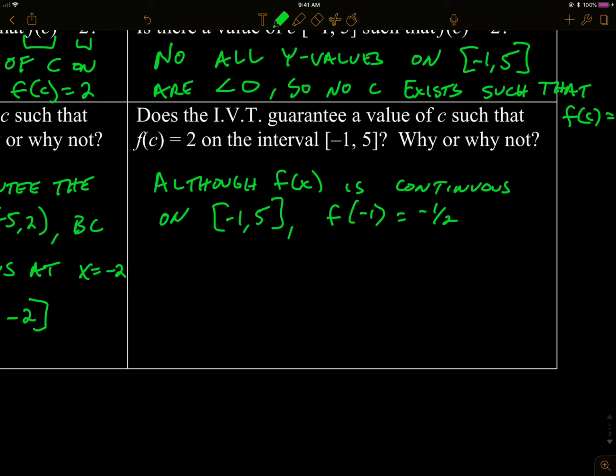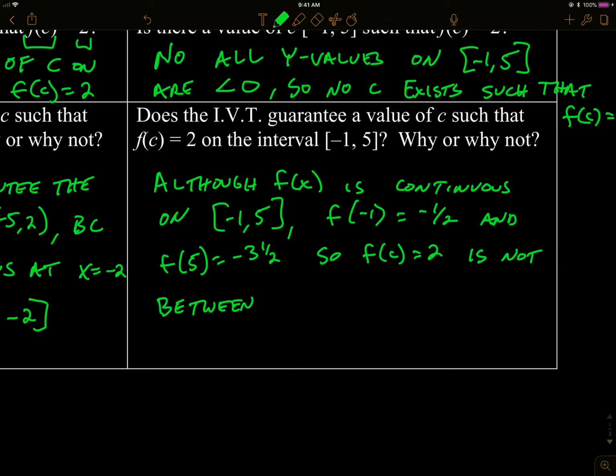So we're checking those endpoints. What are the y values at the endpoints? And f of 5 is -3.5. We're looking for a y value of 2, so f of c equals 2 is not between f of -1 and f of 5.